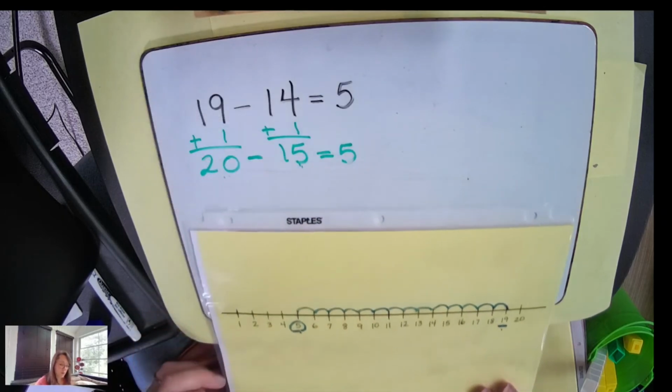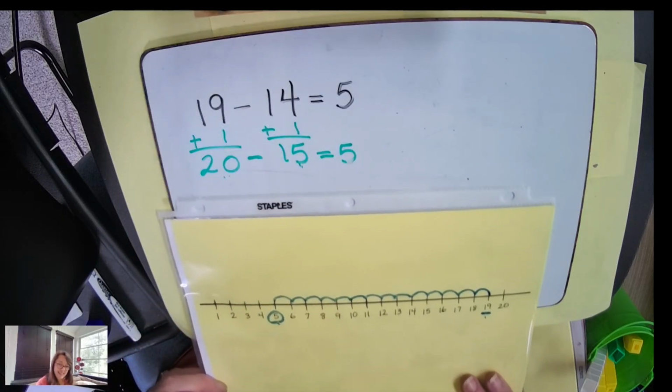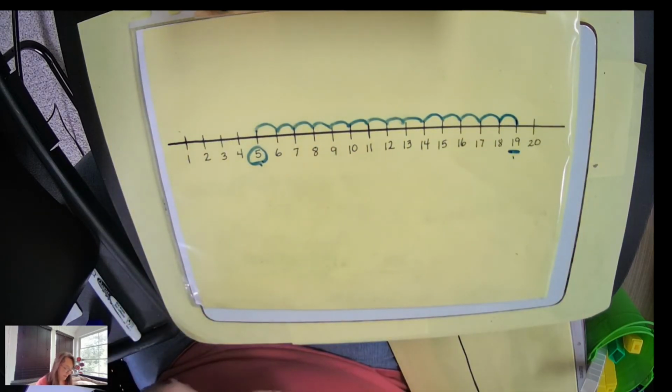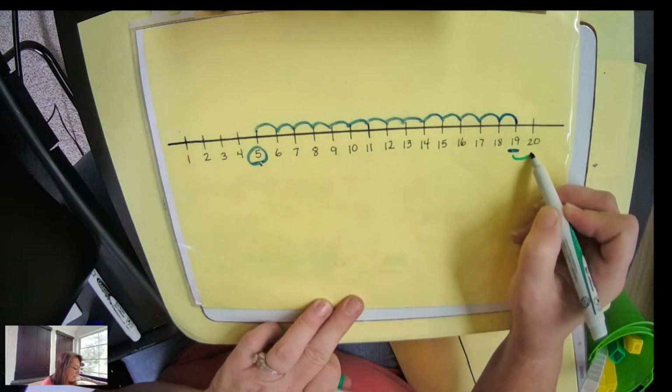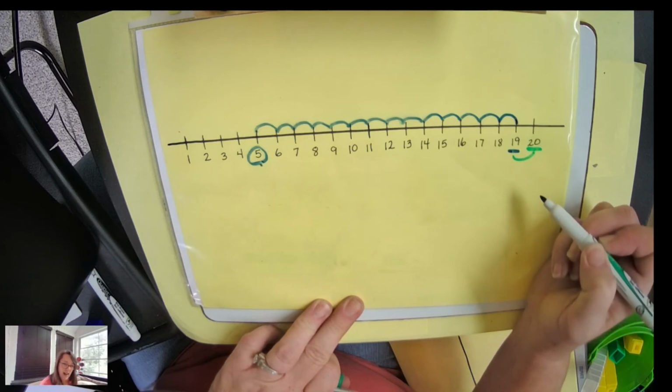Now the second problem we had was 20 minus 15. And how did we get that? We did that by adding 1 to the 19 to get 20.